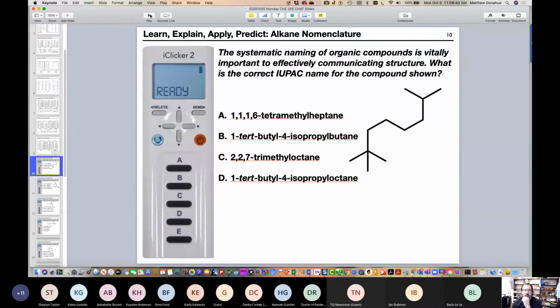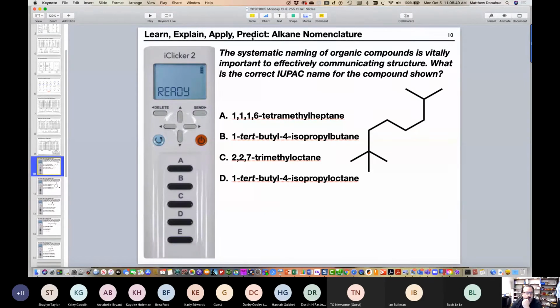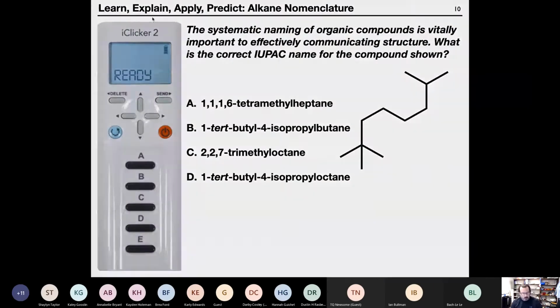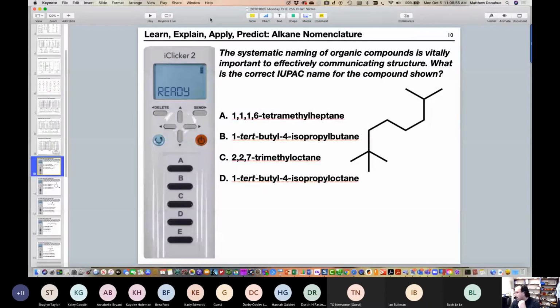The screen is glitched. So what? Let me try this. Did that help at all? Still glitchy? It did not help.